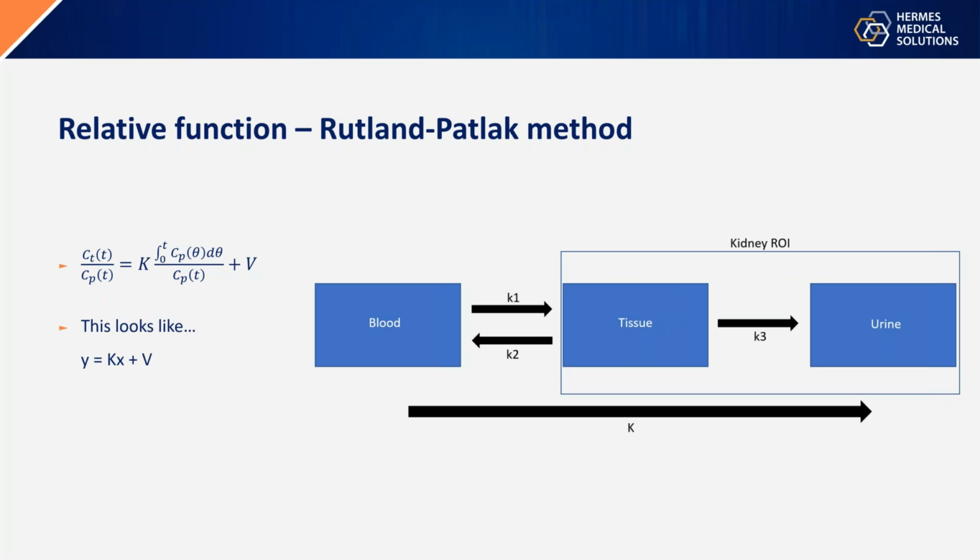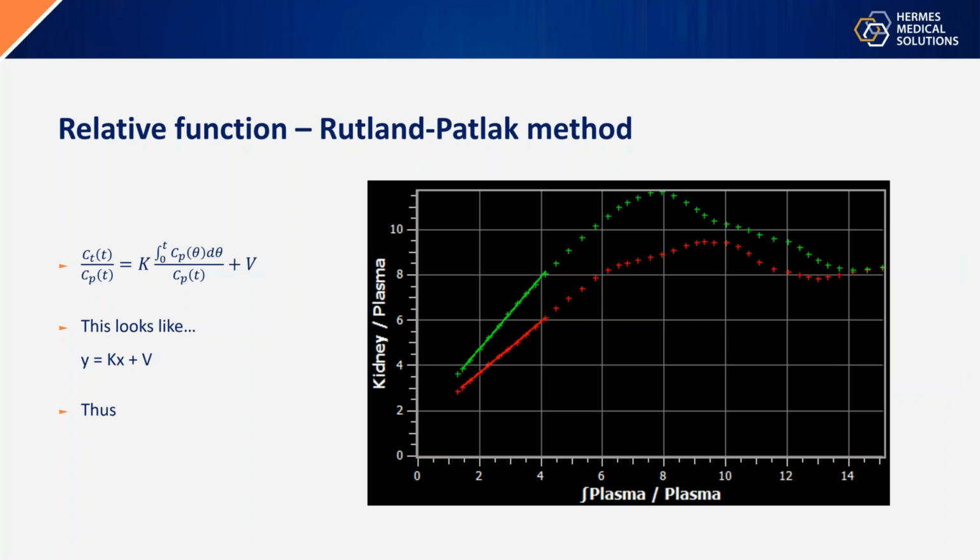However, this looks suspiciously like a linear equation. We can just replace these nasty terms with just y and x. So this means that if we plug in all the data points for the different times, since we have a dynamic acquisition, we can plot this in the so-called Patlak plot as a linear equation.